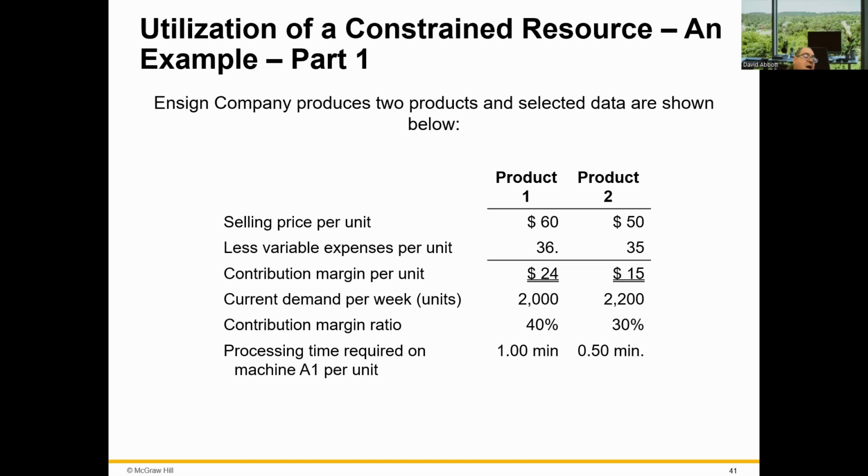Machine A1 has a capacity of 2,400 minutes per week. Ensign is trying to decide if it should focus its efforts on products 1 or 2. And we'll go over that in a little more detail here.